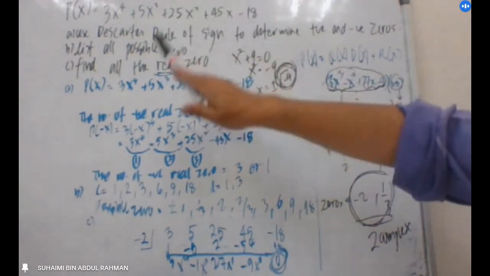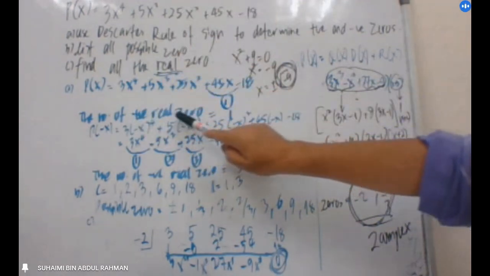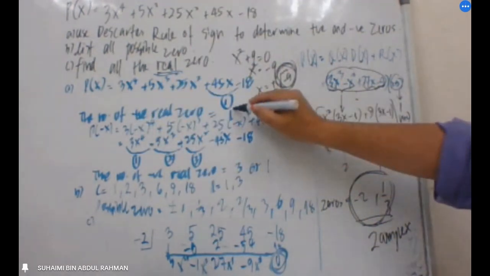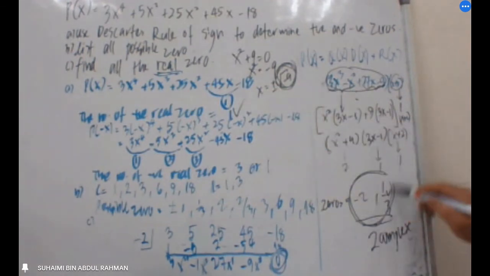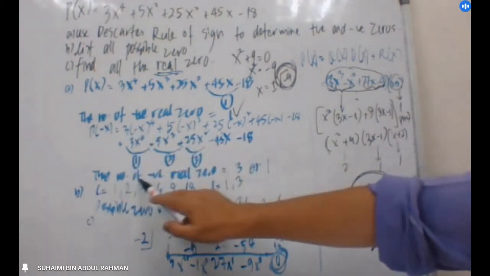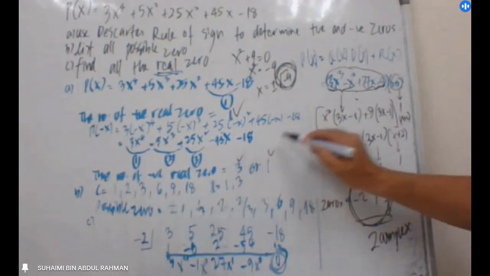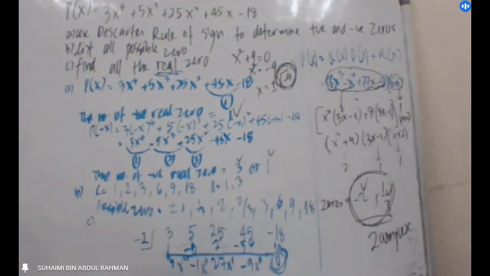As we said before, number of positive real zeros, 1. Number of negative real zeros, either 3 or 1, in our case, 1.